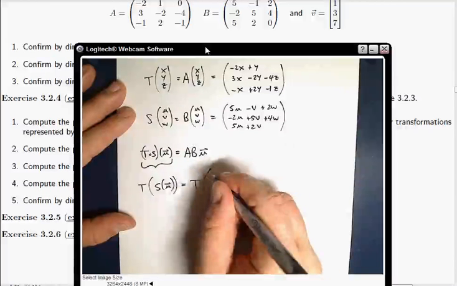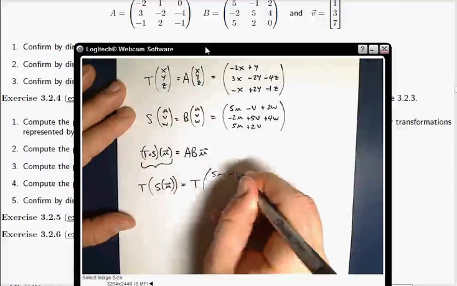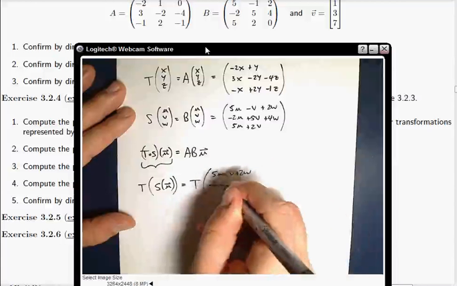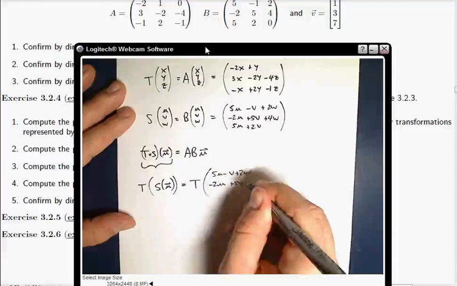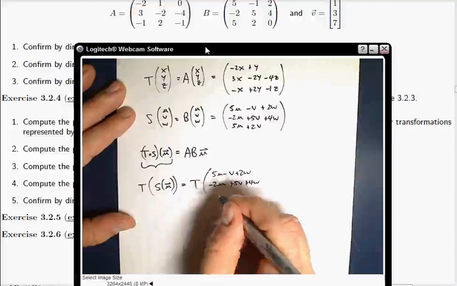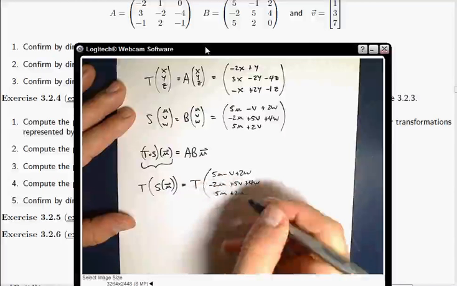Okay, so deep breath. 5U minus V plus 2W, negative 2U plus 5V plus 4W, 5U plus 2V.